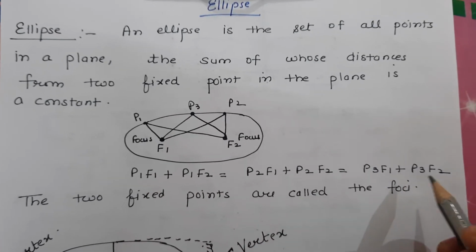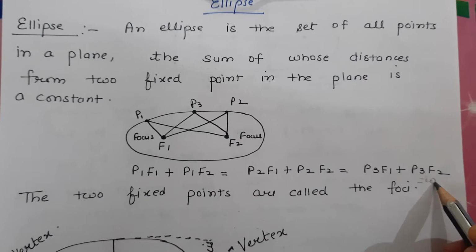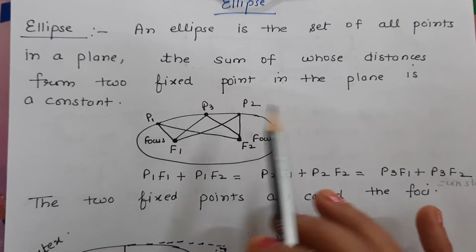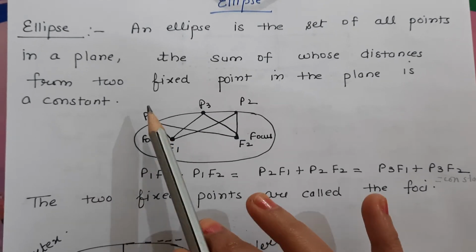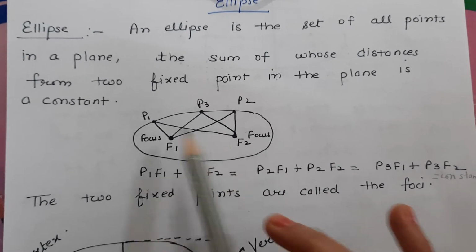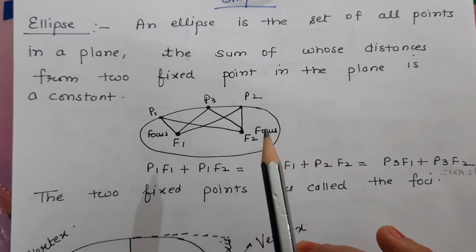All these are equal and equal to some constant. So we can say all those points, the sum of whose distances from these two fixed points F1 and F2 in the plane is constant, will lie on this ellipse.